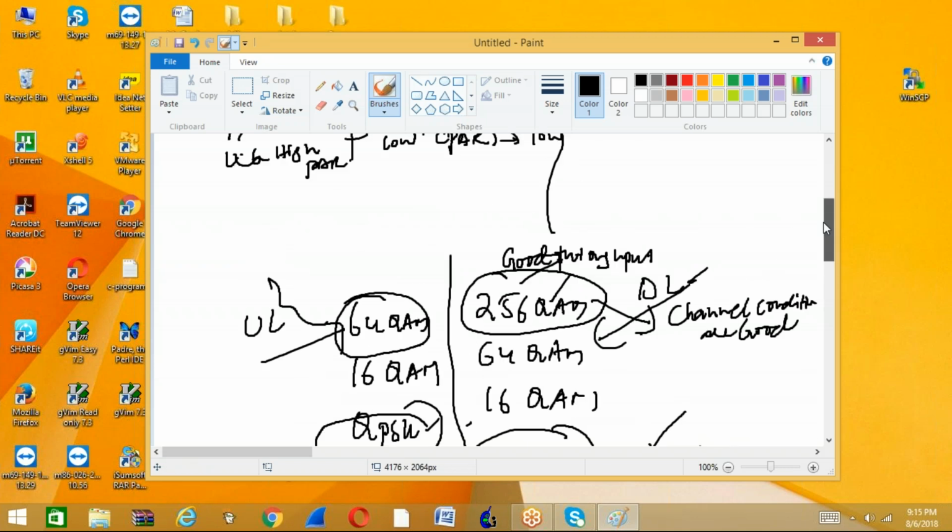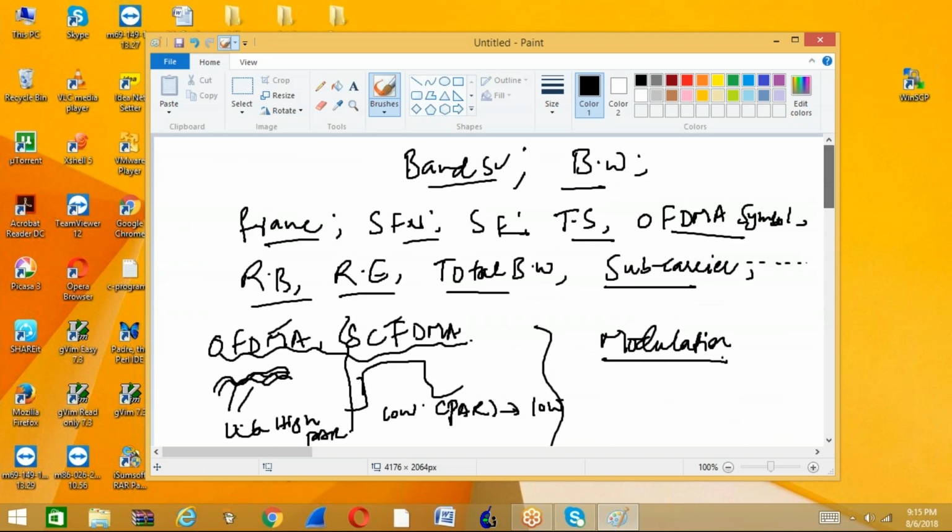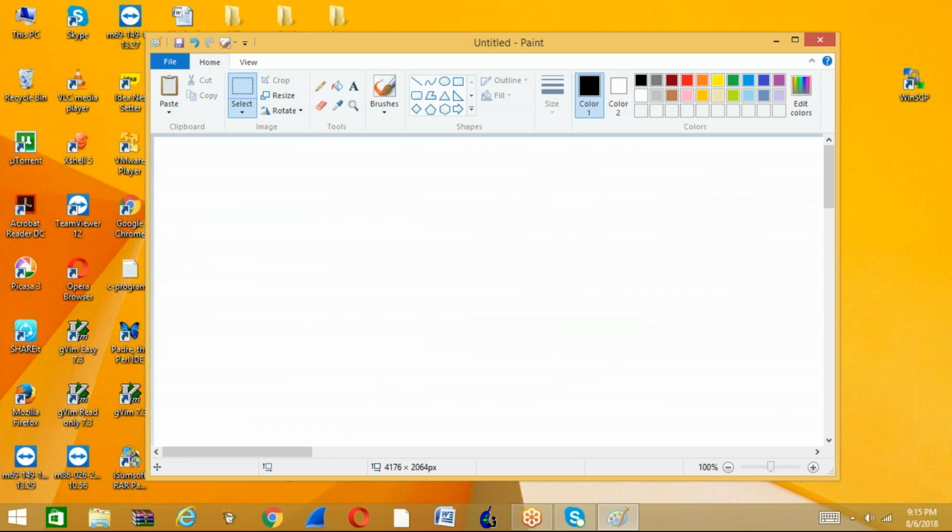We'll further discuss modulation and then go on to the MIMO part. Whenever I say quadrature amplitude modulation, first you should know what PSK is. Whenever I use the word modulation, consider a mobile.